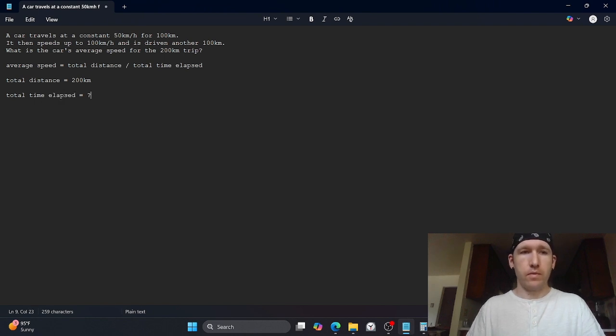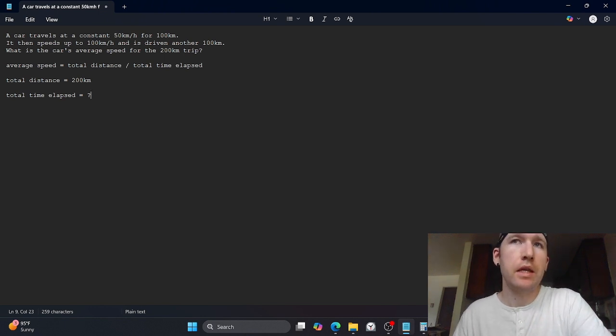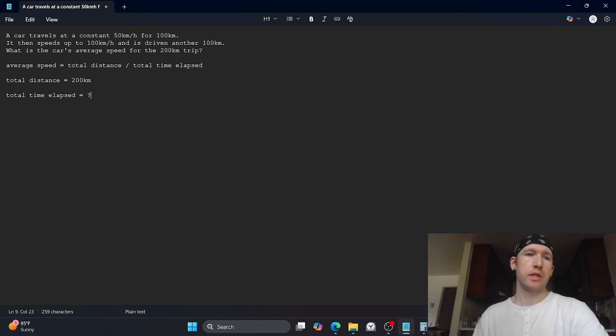So the second reason why this problem is significant is because it incorporates the multiplication of two units to achieve another unit that's desired in order to solve this problem.